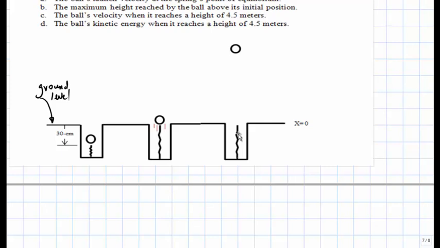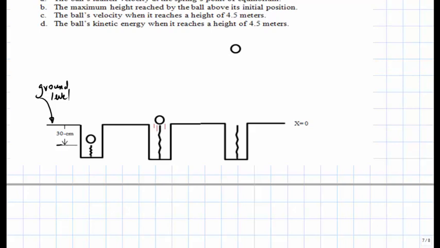Also, whenever the conservation of energy theorem is applied to a problem, we must always designate the lowest position as the zero height reference. The lowest position reached by the object is right here, and therefore this location is considered to be what we call the zero height reference.